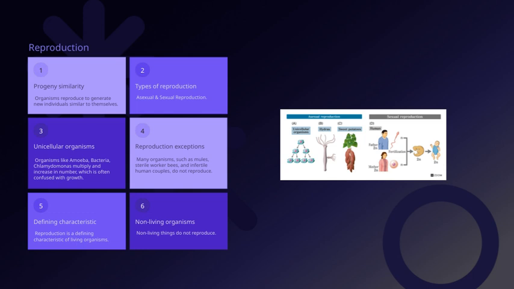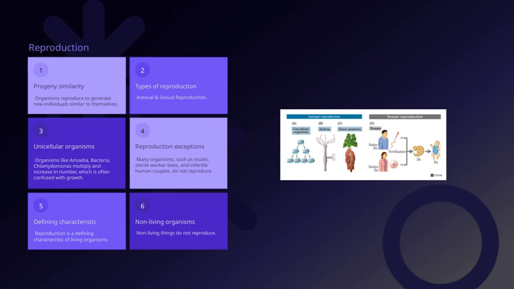Now, when we look at organisms like amoeba, bacteria, and chlamydomonas, they multiply rapidly and increase in number. This process can sometimes be mistaken for growth, but it's actually reproduction because they generate new individuals. Most organisms reproduce to create progeny that are similar to themselves. This similarity ensures the continuity of their genetic traits across generations.